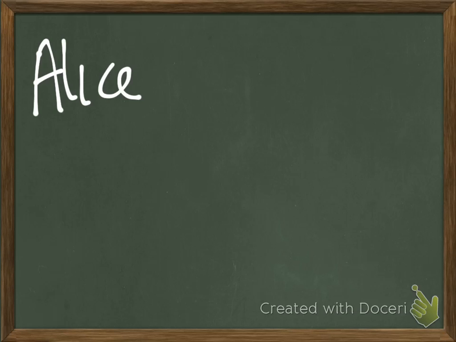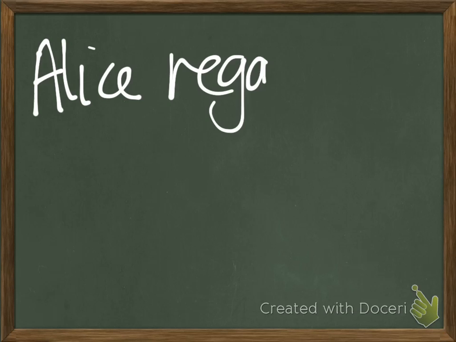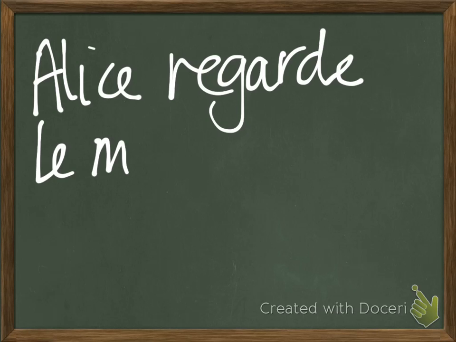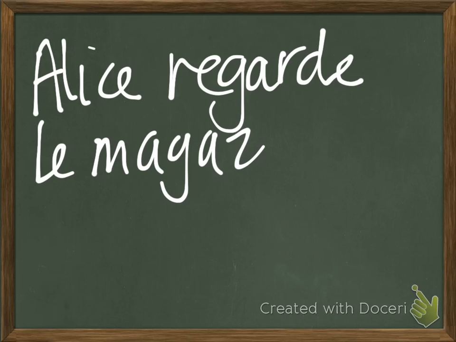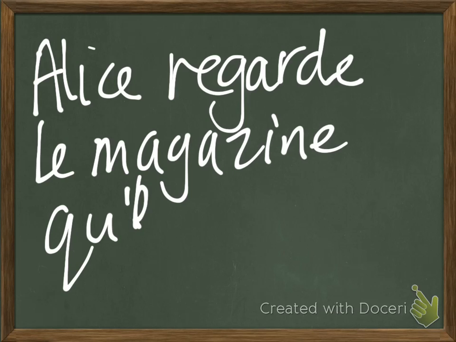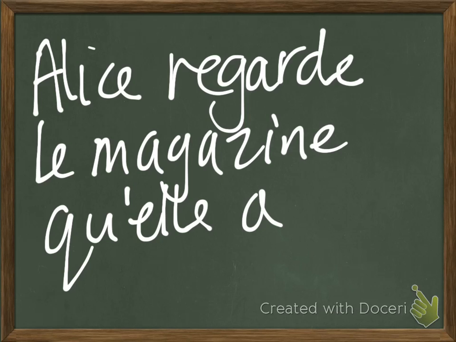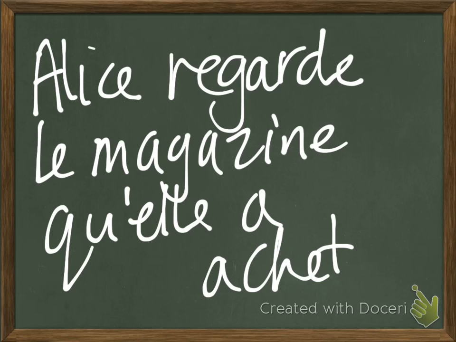Alice regarde le magazine qu'elle a acheté. Okay, so that que becomes QU apostrophe because of the vowel.